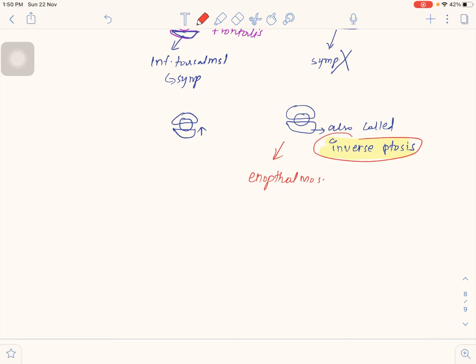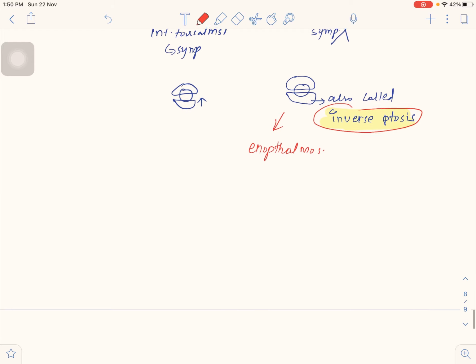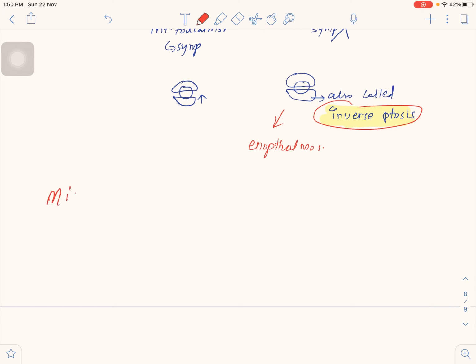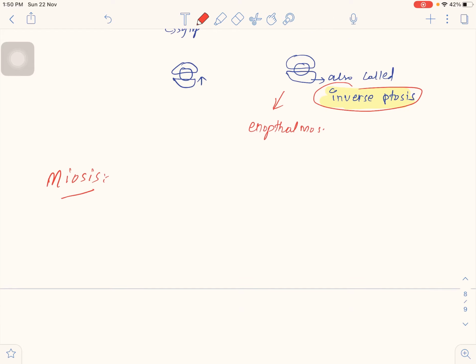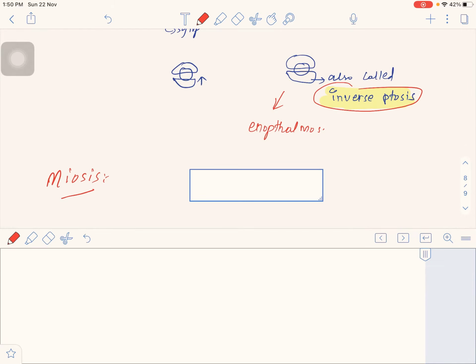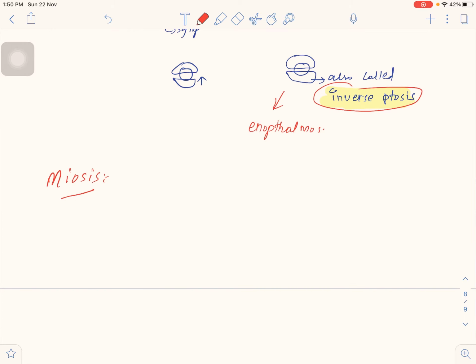So next, coming to the meiosis. Meiosis occurs because the descending sympathetic fibers, after leaving the cervical ganglion, supply the dilator pupillae muscle.